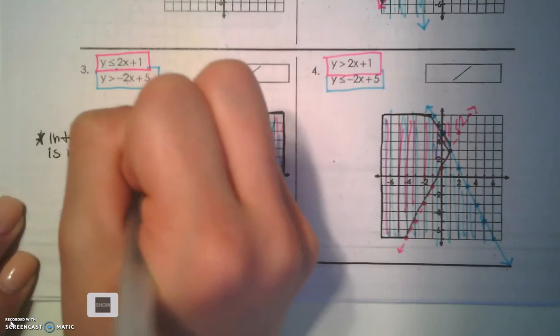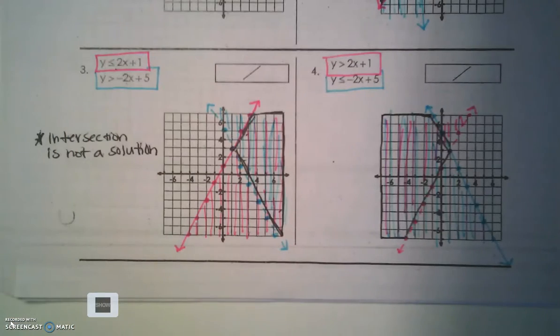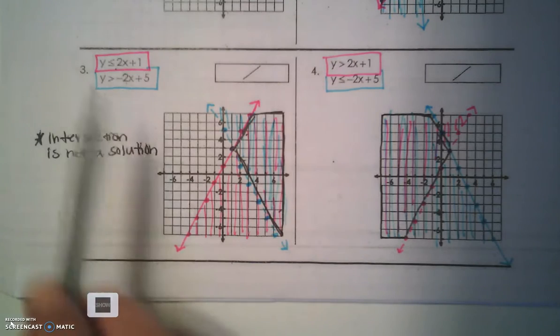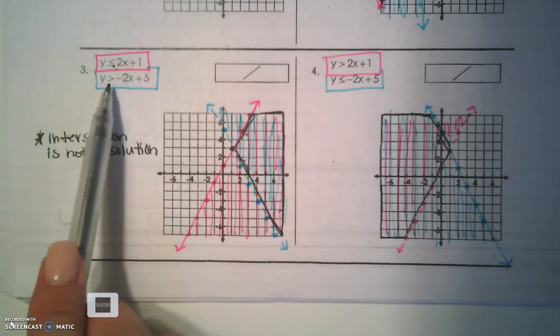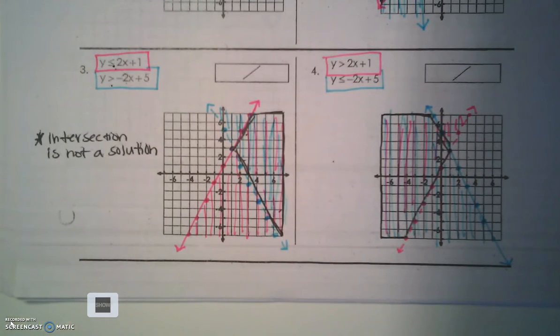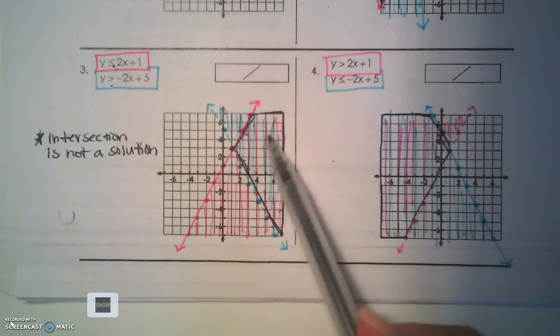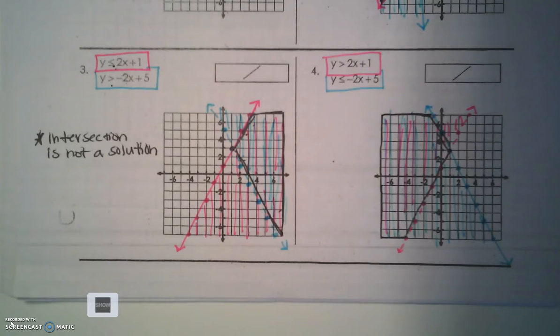That dotted line interrupts that. So when we have a solid and a dotted line, that intersection is not a solution. Only the ordered pairs in this overlapped shaded region.